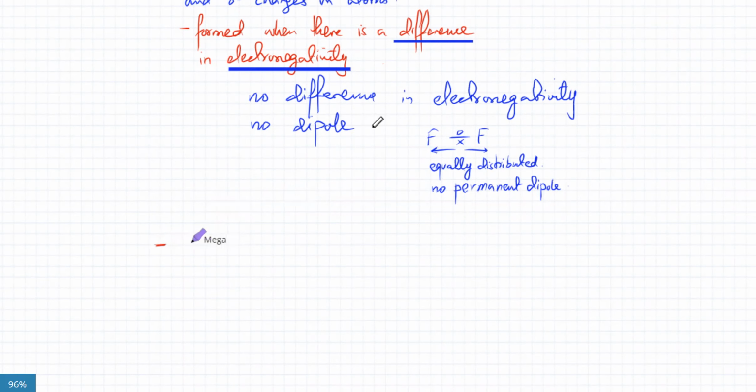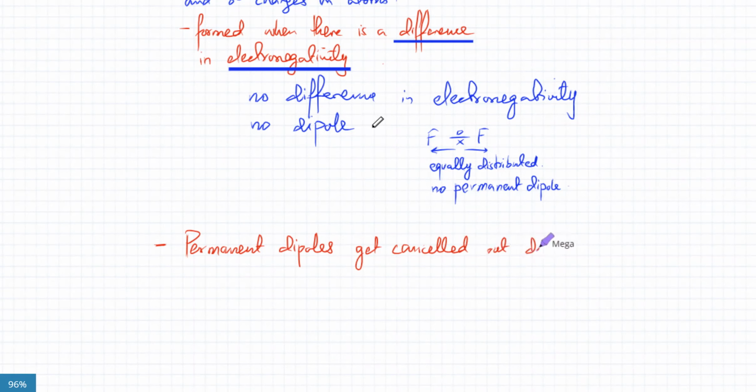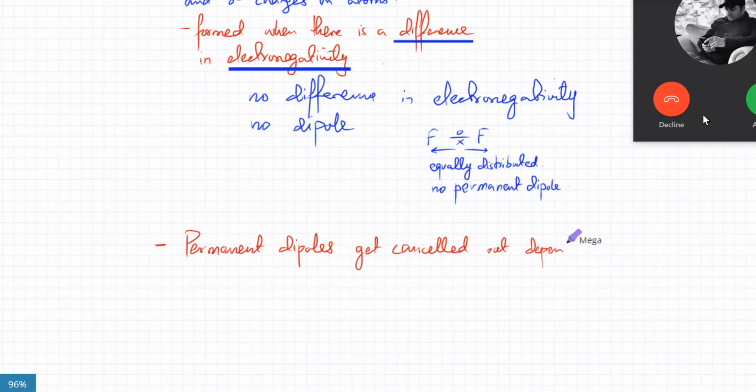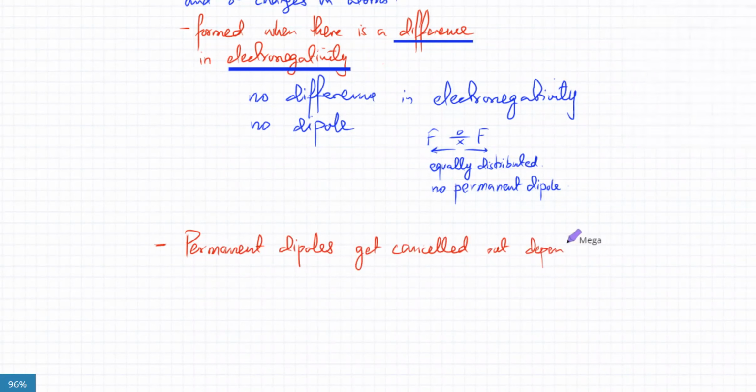So permanent dipoles get cancelled out depending on the shape of the molecule.